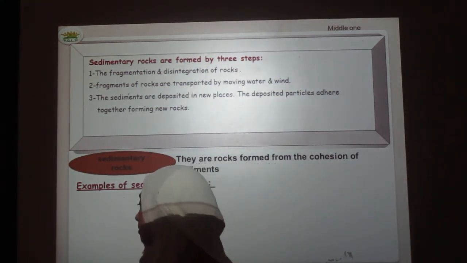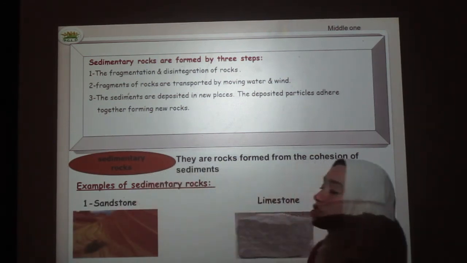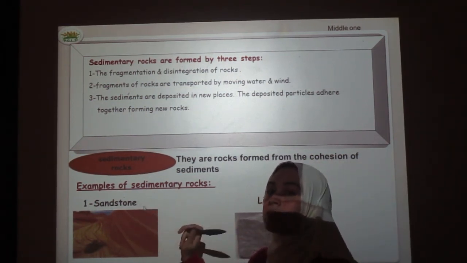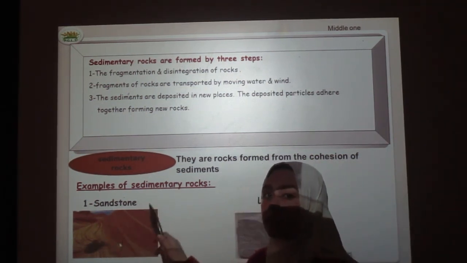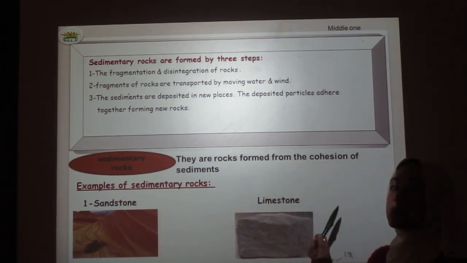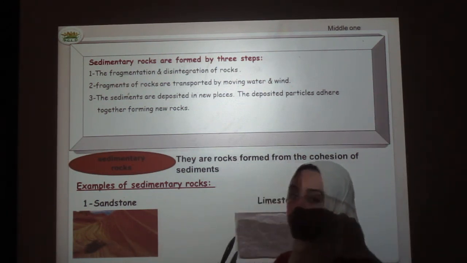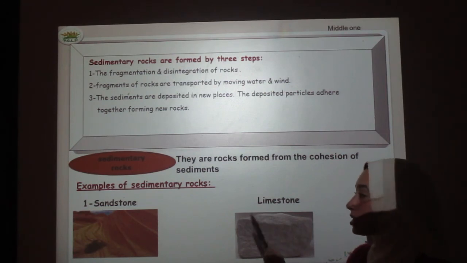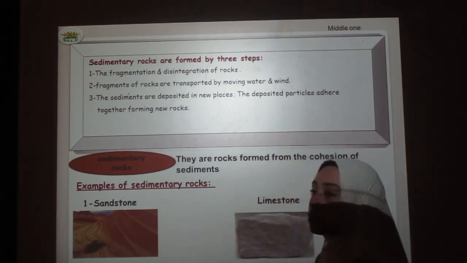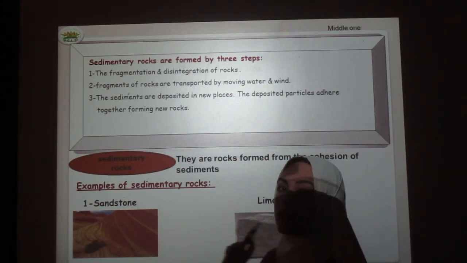While here, examples of sedimentary rocks, we have sandstone. The second type is limestone. Again, sandstone and limestone. Sandstone comes from the sand found in the desert, while limestone is like chalk. You know the chalk? It consists of limestone.